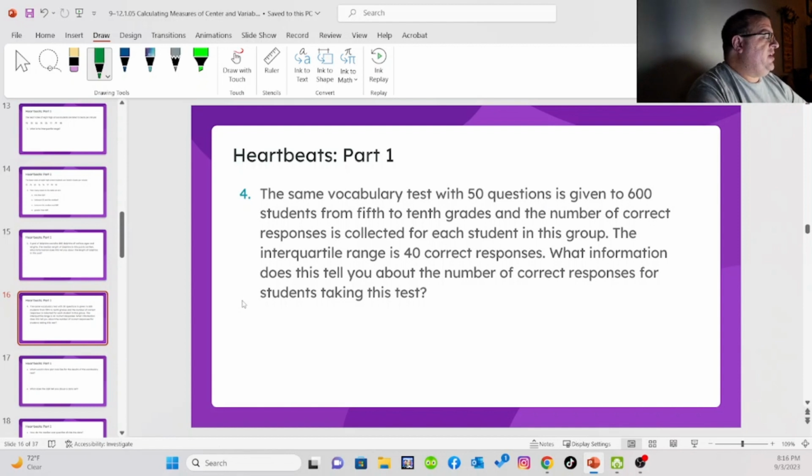The same vocabulary test with 50 questions is given to 600 students from 5th to 10th grades, and the number of correct responses is collected for each student in this group. The interquartile range is 40 correct responses. What information does this tell you about the number of correct responses for students taking this test?